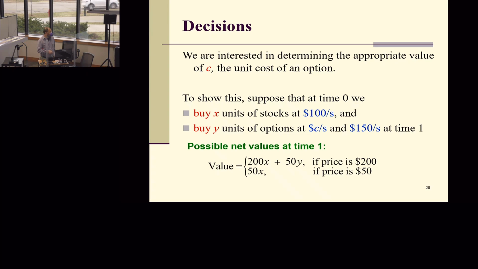If the stock price goes up to 200 and the strike price is 150, I'm going to make a net profit of $50 per share of option I have.